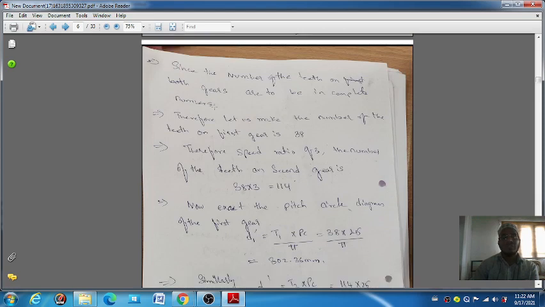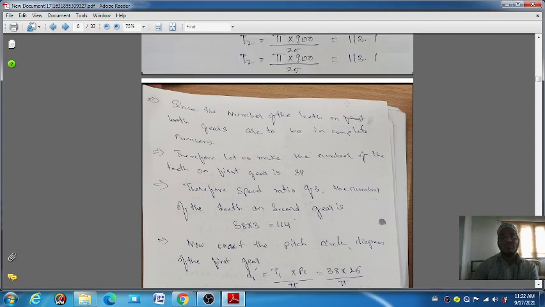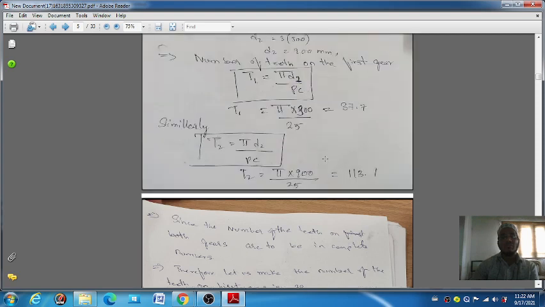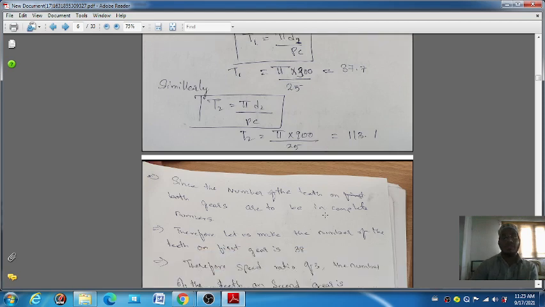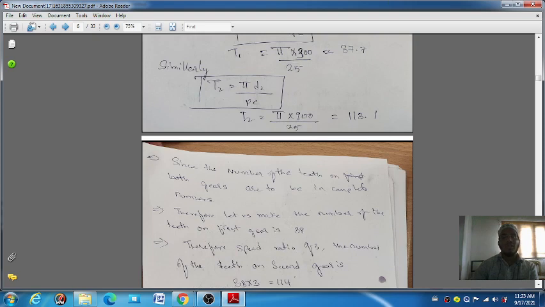Okay, next is, the number of teeth on both gears is incomplete because both have a decimal value, you know very well 37.7; it means this is not a correct value. Sometimes it may happen, so you have to find again all the procedures. Okay, so if it is incomplete, you have to take the round figure value.